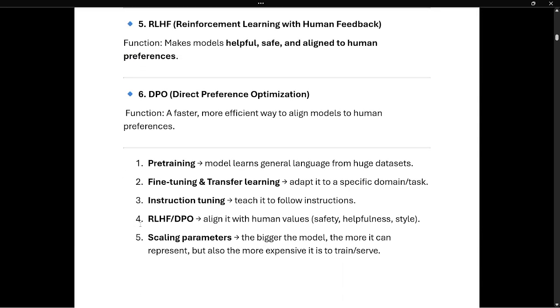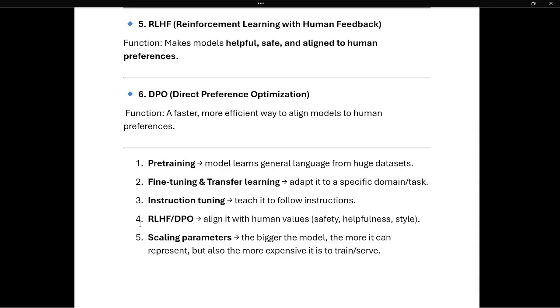Now the next concept is DPO, direct preference optimization. So what is DPO here? It's basically a newer alternative to RLHF, reinforcement learning with human feedback. Instead of training a separate reward model, DPO directly optimizes the LLM to prefer the good answers over the bad ones. It gives a faster, more efficient way to align the model to human preferences.